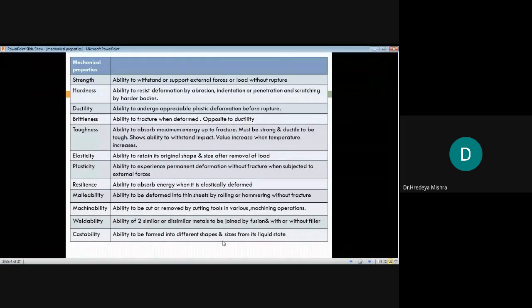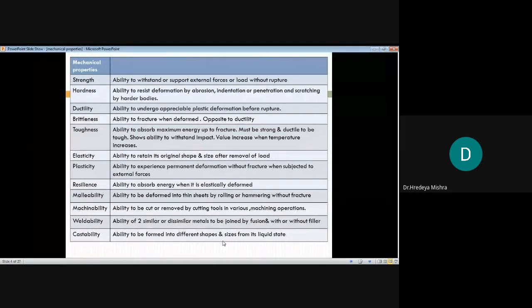In such a case, material may fail without any prior warning. Cast iron, concrete, glass, stone, clay products, and bricks are examples of brittle material.